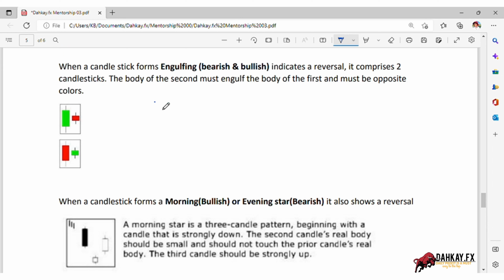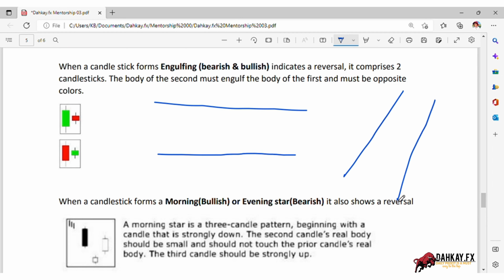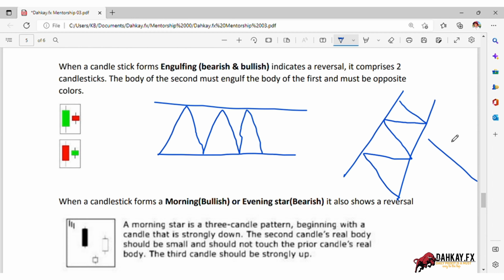They only form either on our supports or on our resistance, because this one works when the market is horizontal, and this one works when the market is on the uptrend or on the downtrend.